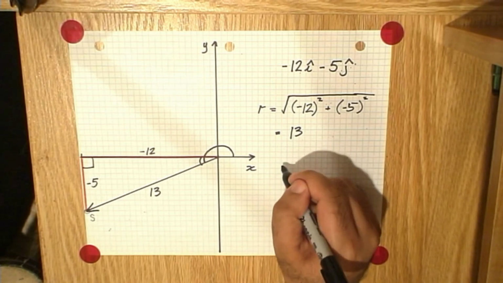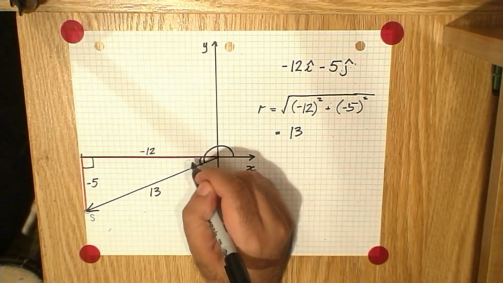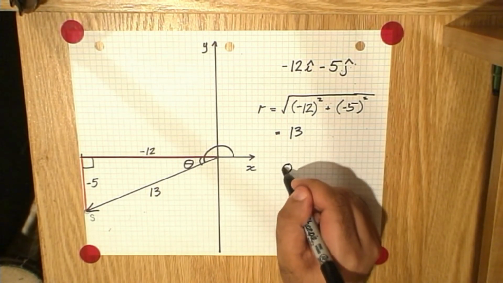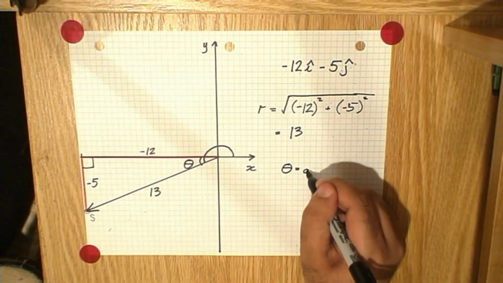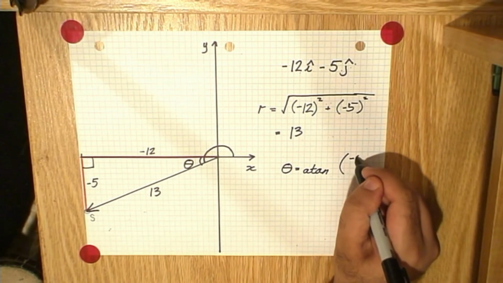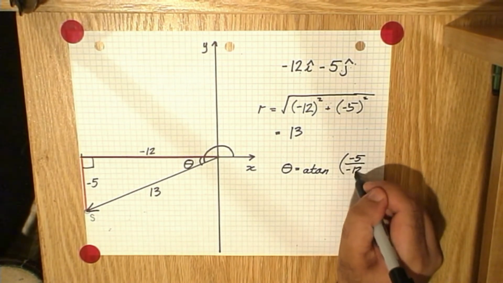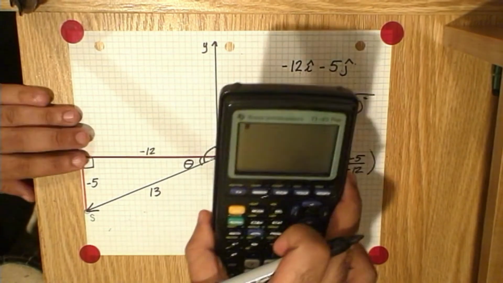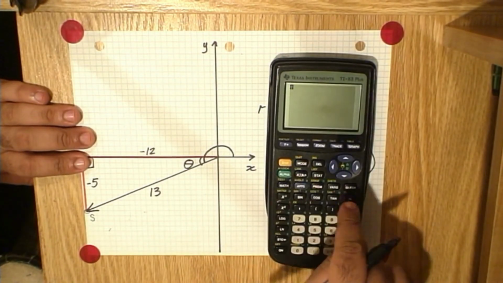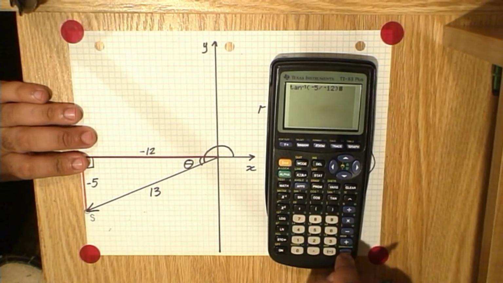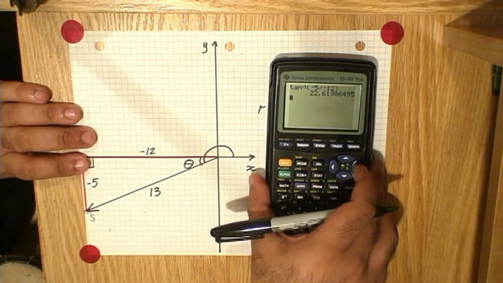So if I call this small angle theta, then theta is equal to the arctangent of -5 divided by -12. Once again, we can use our calculators to figure out what that is. The arctangent of -5 divided by -12 equals 22.62 degrees.